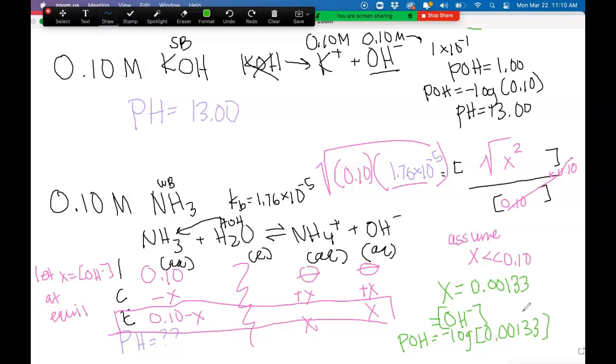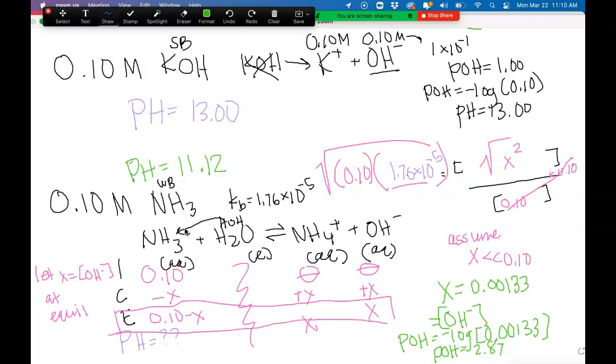I think it depends on if you keep the whole number in your calculator. So pOH is 2.87 or 88 depending. And so you take 14 and you subtract 2.87, you get 11.12. So the pH for the ammonia solution is 11.12.